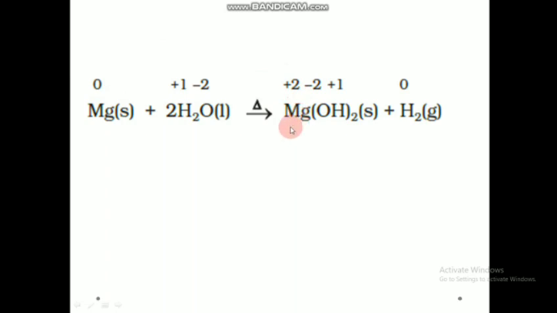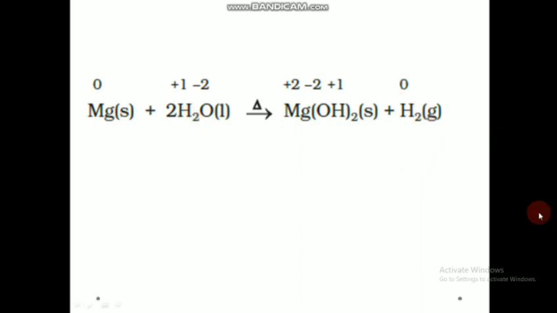So we can understand that Mg, Ca, Na and all these alkali and alkaline earth metals are stronger than H2. That's why they substitute the position of hydrogen. Here also we get a redox reaction. Mg from 0 to plus 2 is an increase in oxidation number, so oxidation, and H from plus 1 to 0 is reduction. So magnesium is undergoing oxidation, H2 is getting reduced to the 0 form.